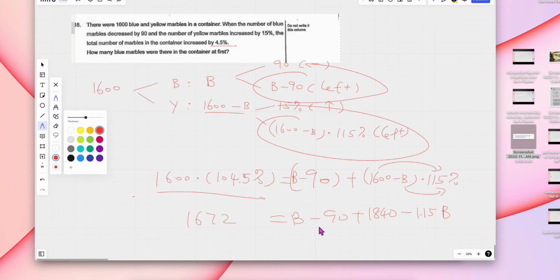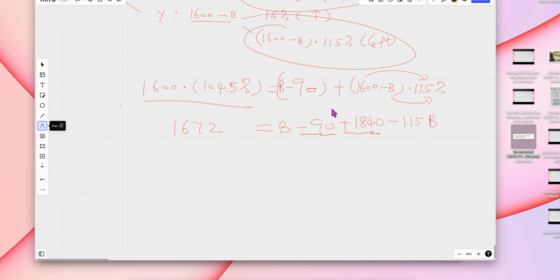So once again, like I said just now, the practice is to move the numbers, group them together, and the terms with letters together. So by moving these two over, my B get to be together, right?